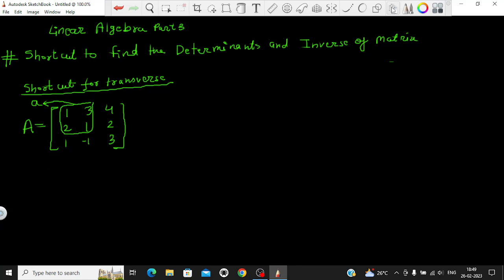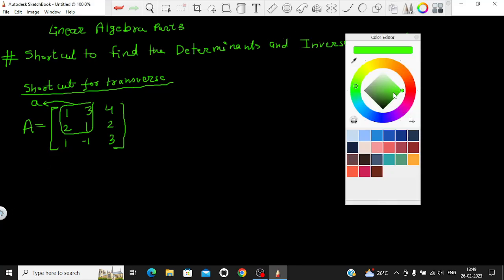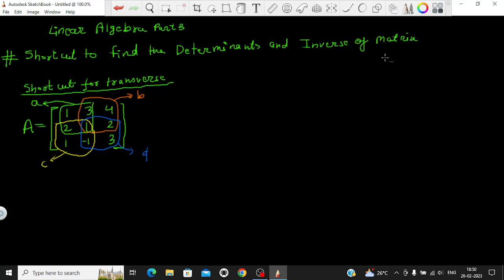And we will take these 4 elements and consider it as B. Now we will take these 4 elements, consider it as C, whereas we will take these 4 elements and consider as D. Okay, it will be clear to you what I am doing.